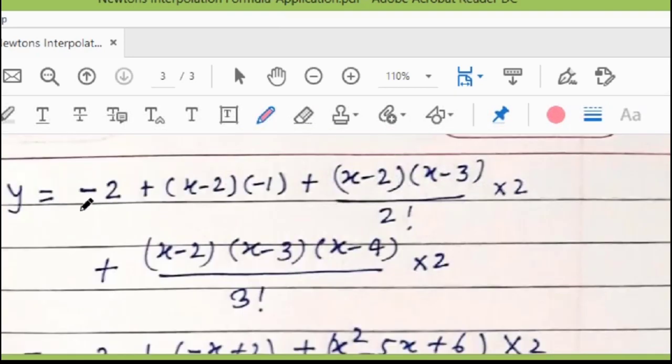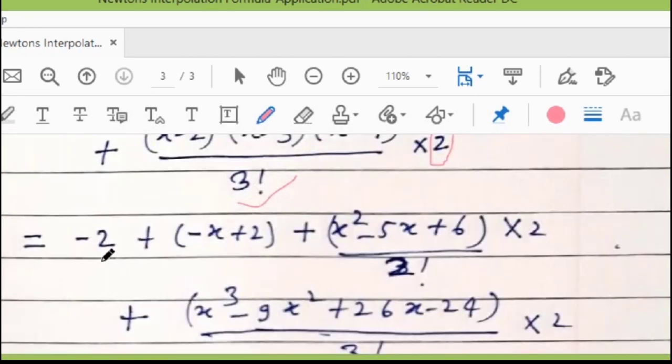Solving it, y is equal to y naught, plus u into the first difference, plus u into (u minus 1) upon factorial 2 into the second difference, plus u into (u minus 1) into (u minus 2) upon factorial 3 into the third difference of the polynomial.